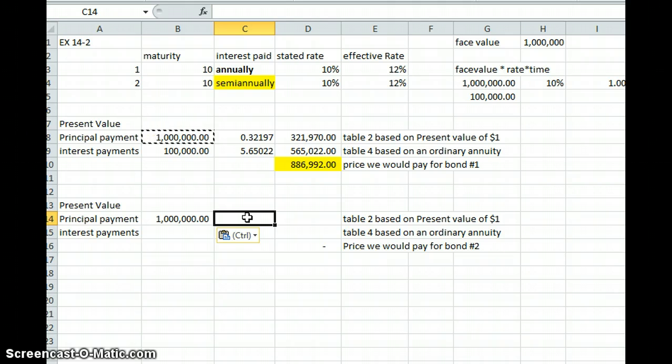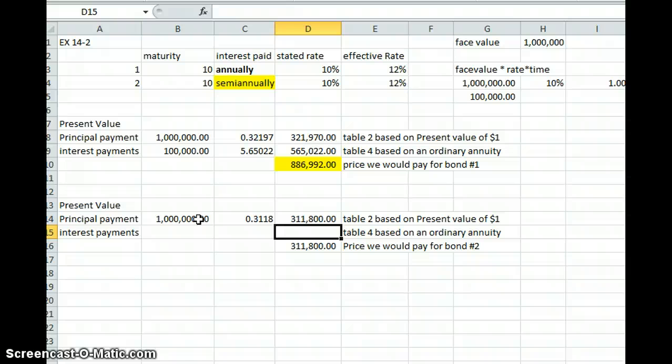Since that's semi-annual payment, we want to use half. And we find the factor, 0.31180. And then we're going to multiply the principal payment times the factor to find the present value of that payment in the future. That $311,800 is what we think it is worth 10 years from now.